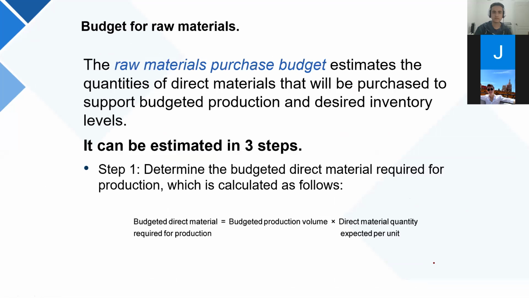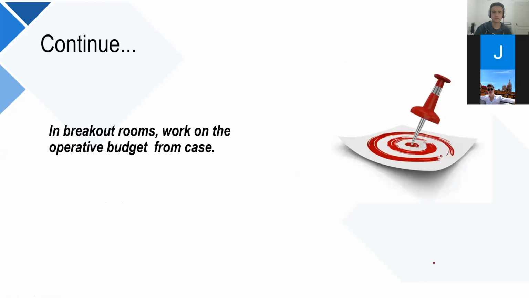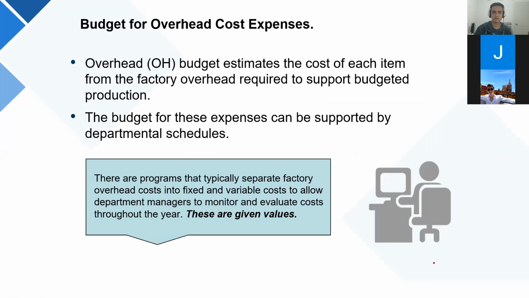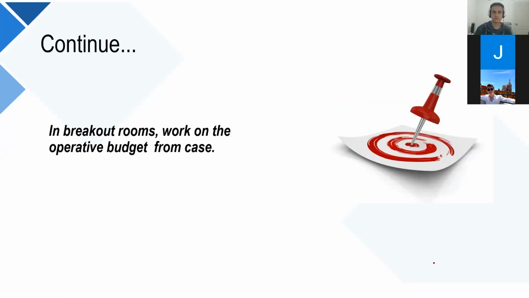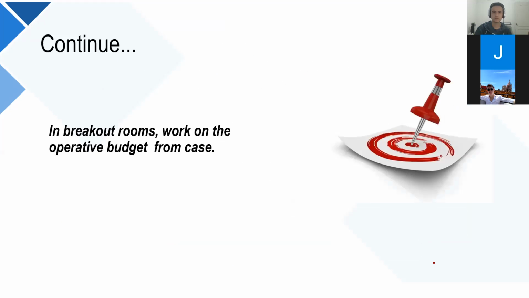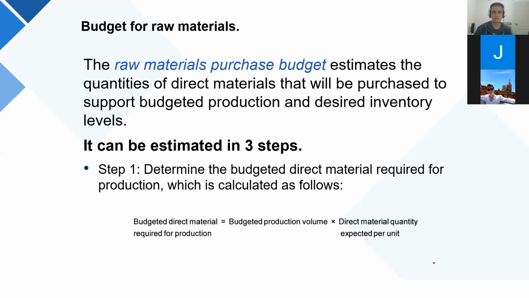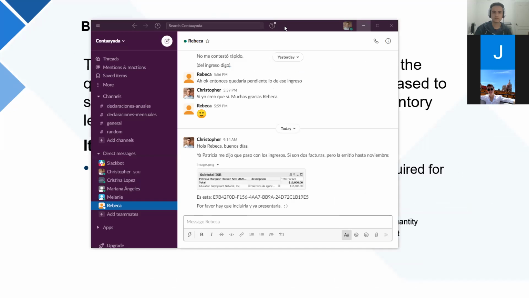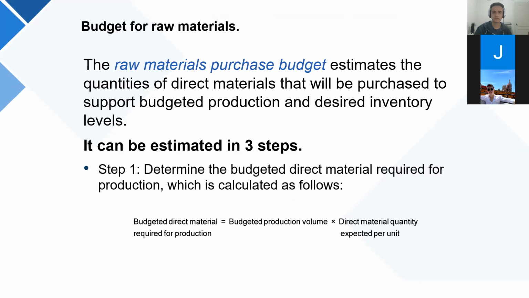So in theory, we should actually get to the indirect expenses, maybe even to the cost of goods sold, because in this class I am noticing we are advancing faster. So let's see if we can get to that. And I tell you from the beginning right now, the homework for the class is going to be what we don't finish in the class, and that's going to be the full operating budget.